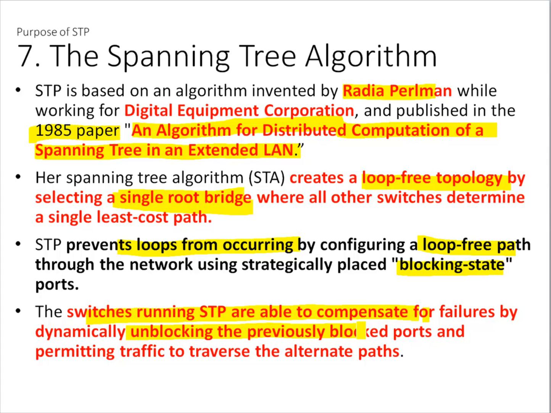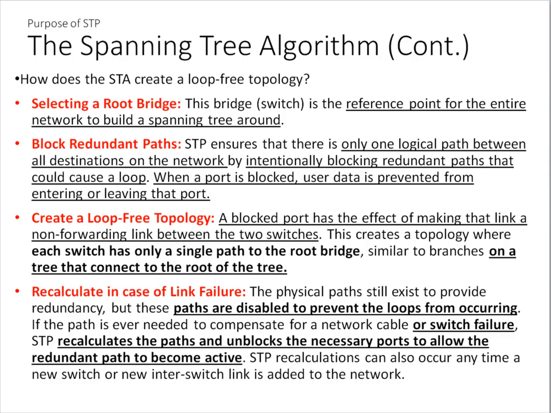Suppose your port is blocked due to the spanning tree protocol algorithm's decision; whenever you need, you can open it. A recalculation is also available, and they can open the blocked ports. So this is a simple introduction to the spanning tree protocol. We can see more in the next slide.